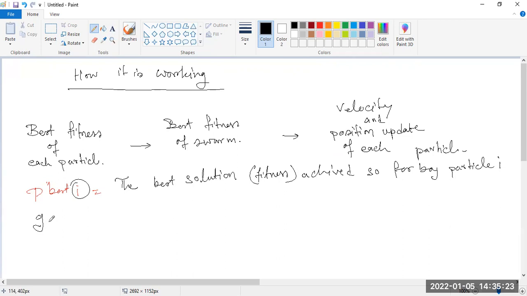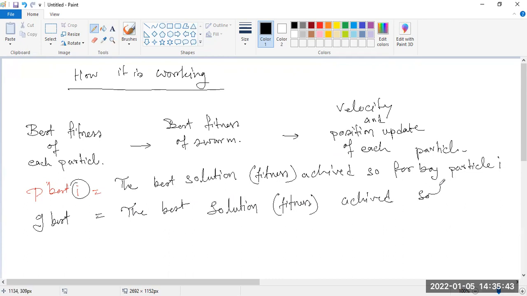Now the second is gbest. This is the best solution, that is the fitness, achieved so far by any particle in the swarm.